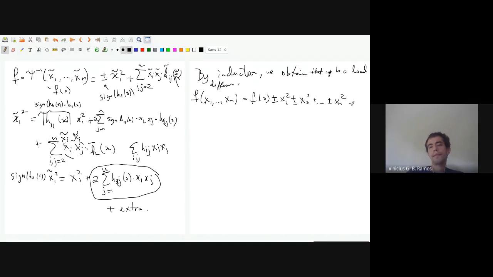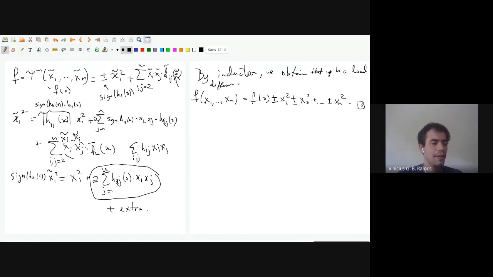Okay, so there is a sign for each of these quadratic terms, and then you can switch the order and condense the negative ones and condense the positive ones, and you have exactly the expression that I mentioned in the statement. Okay, that's the end.